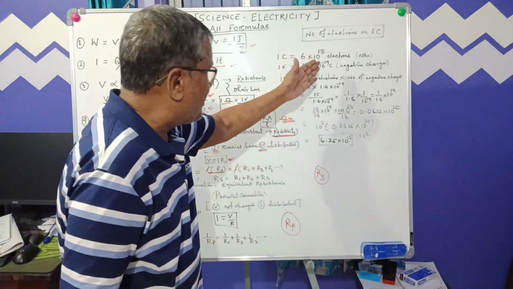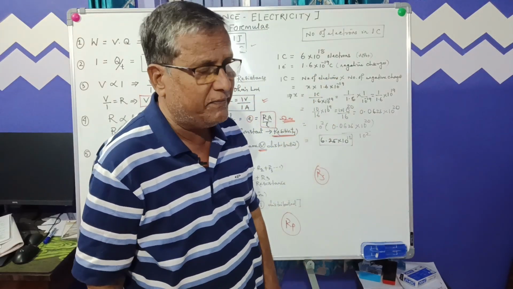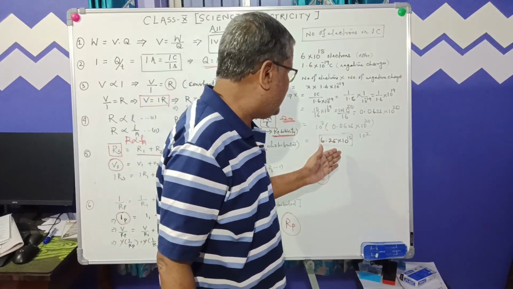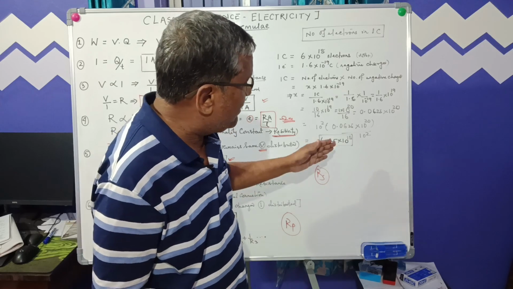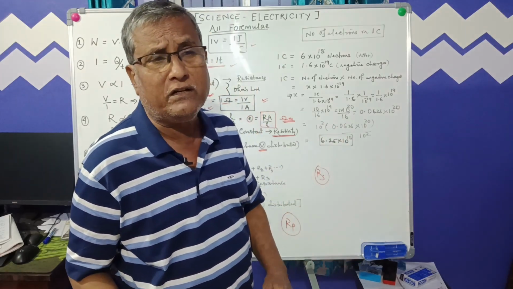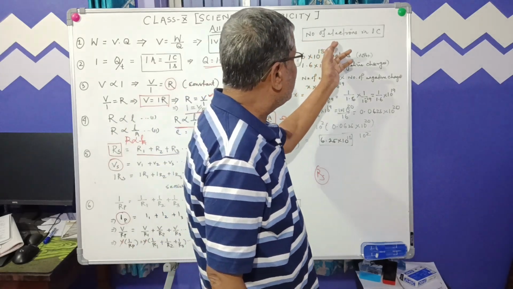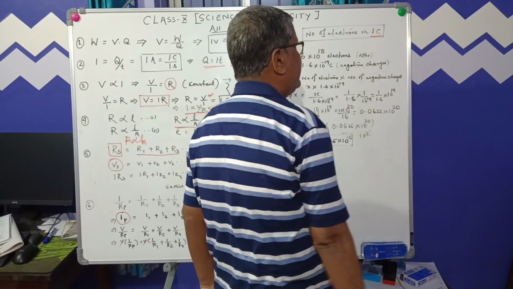Now let's solve this problem. Some students have asked me to calculate this, and this is a problem from your textbook, and it was also set in your previous year's examination. Simple: the number of electrons present in 1 coulomb of charge. 1 coulomb, 1C.